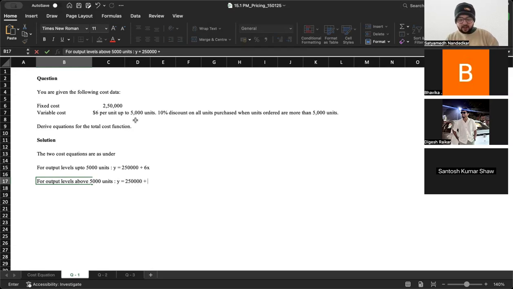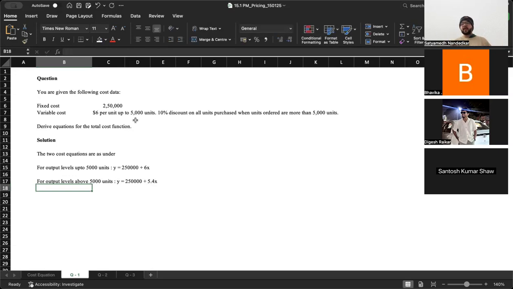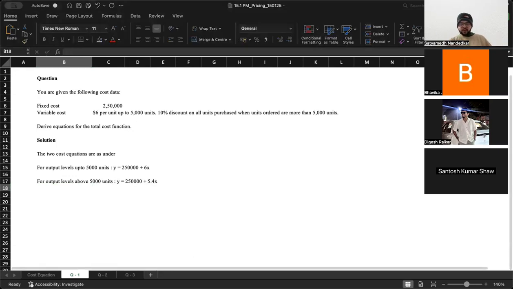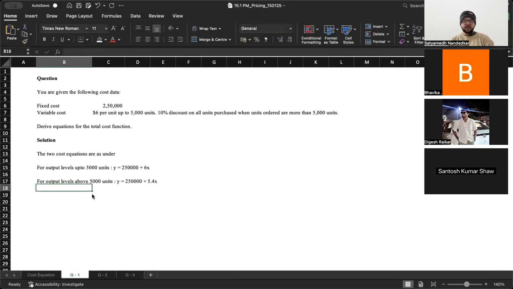So 6x के जगह पे 6 minus 10% of 6. That will make it 5.4x. They had only asked you the two cost equations and you have told them what the two cost equations are. ठीक है, एक बार देख लो.